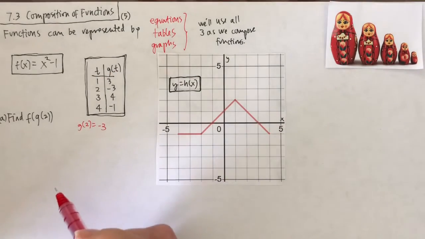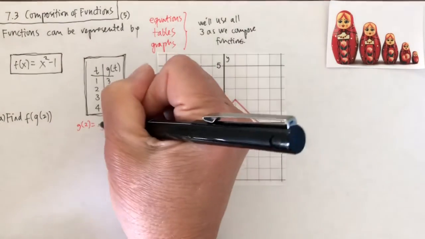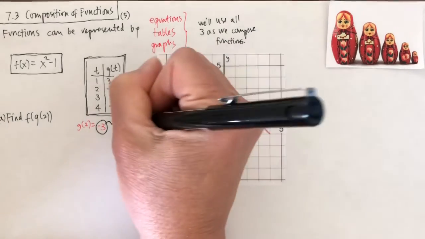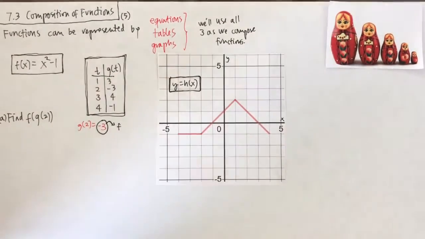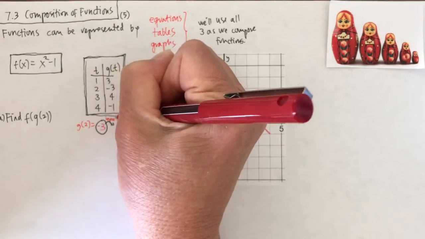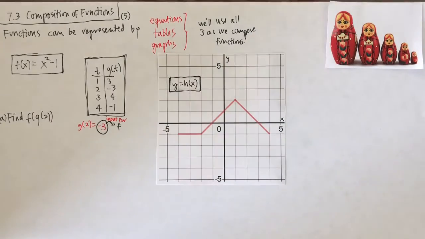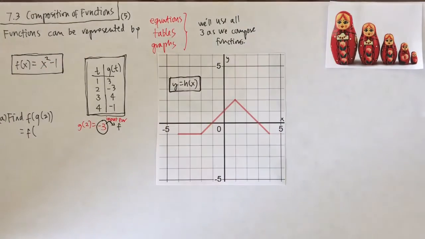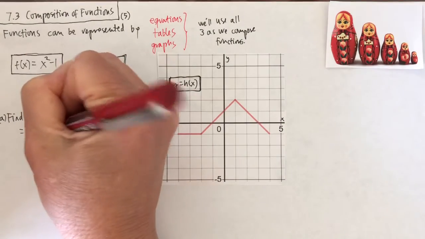So g of 2 equals negative 3. I'm going to take this, and I'm going to now put it into f. So this is my input for f. So this will equal f of negative 3.